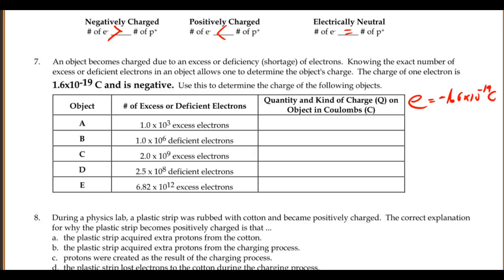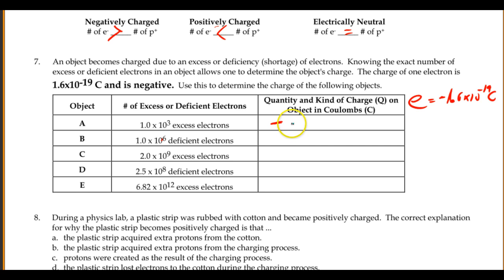So for example, in the first one, object A, I have 1 times 10 to the 3, that's 1,000 excess electrons. I'm going to multiply that by negative 1.6 times 10 to the minus 19th, and that'll give me the amount of charge that I have. Now since I have extra electrons, it's going to turn out to be a negative charge.